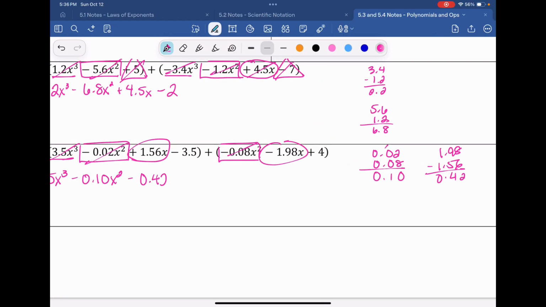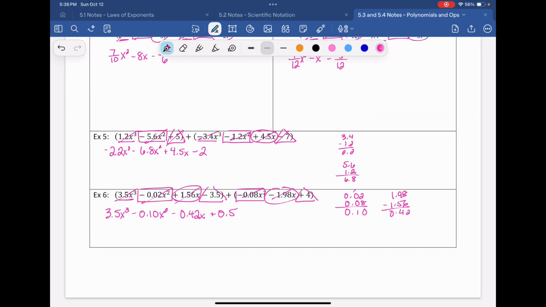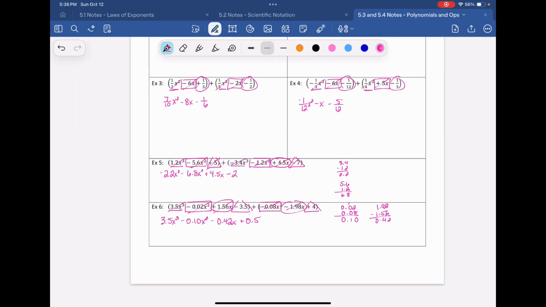Do it with a calculator if you're not sure. Negative 3.5 and positive 4 is going to be positive. Adding is easy. It is literally combining like terms.